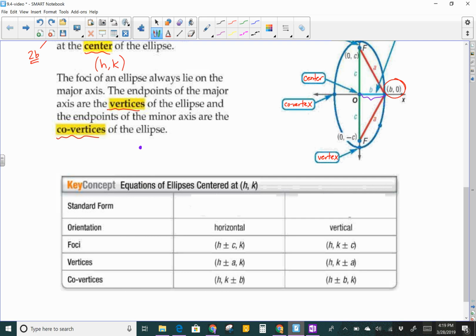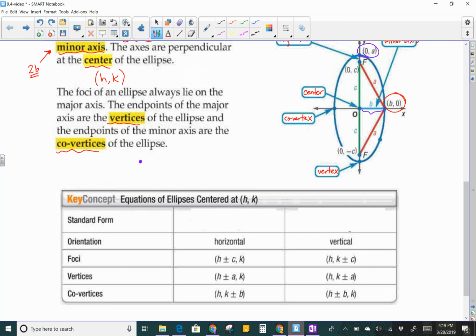A is the distance from the center to the vertex, and then C is the distance from the center to the focus. Okay, so if you remember the word focus has a C in the middle of it, then that'll help you remember that C represents that distance from the center to the focus.